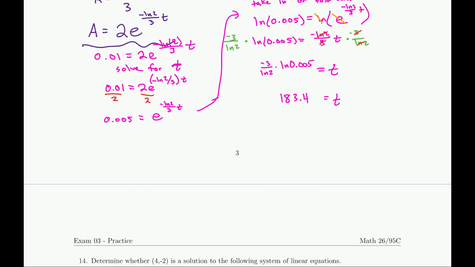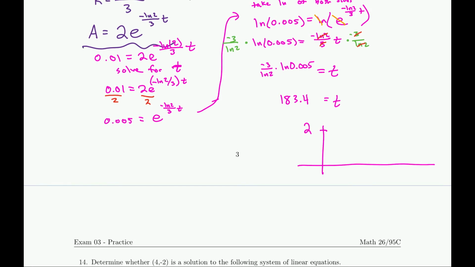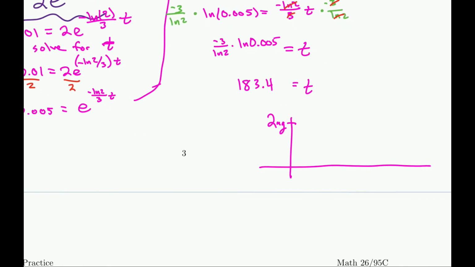So what this looks like, if you think about it on a graph, is like this. You start out with 2, that's milligrams. And then it decays, like gets really close to 0, right? And then the idea is somewhere down here you have 0.01 milligrams.